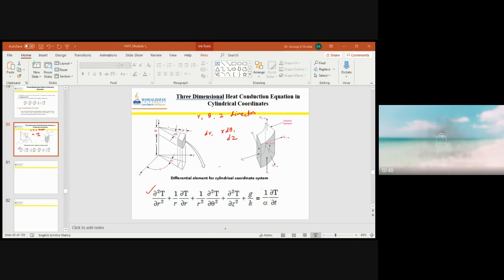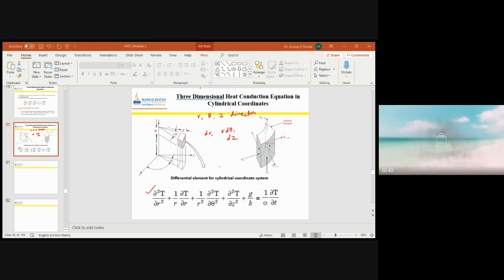Similarly, we can also derive the equation for the spherical coordinate system. In a spherical coordinate system, our coordinates become dr, r d theta, and r sine theta d phi. So here our element becomes r, theta, and phi.